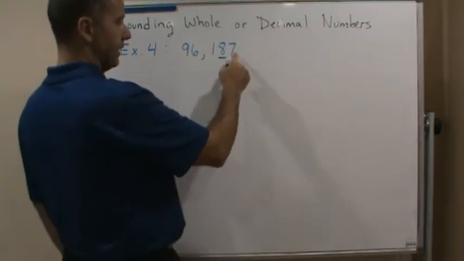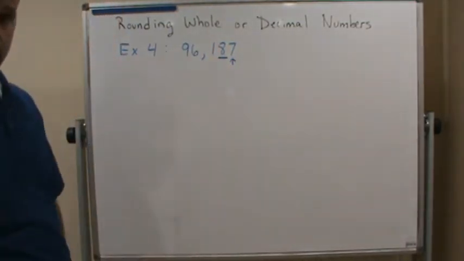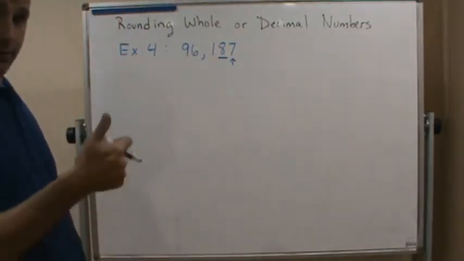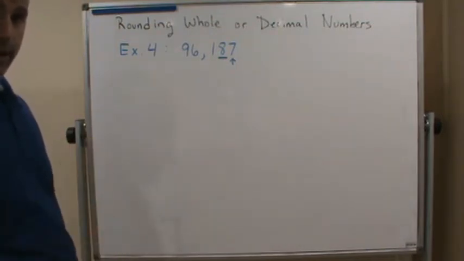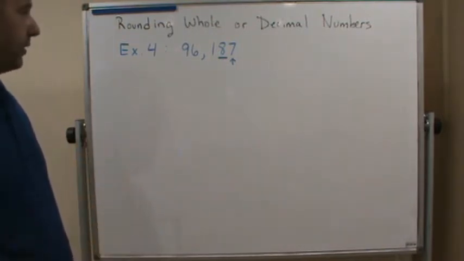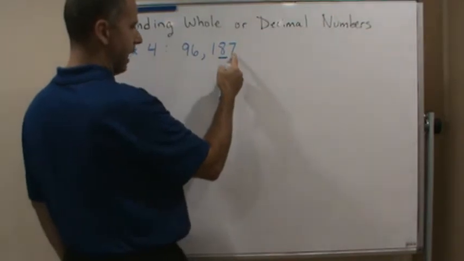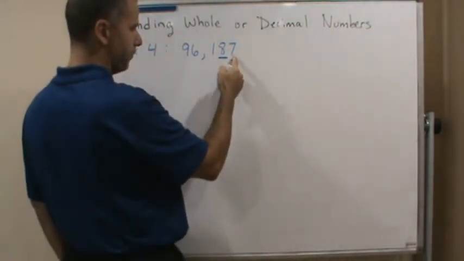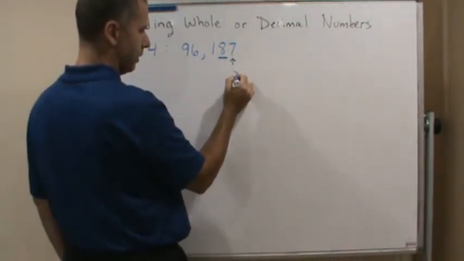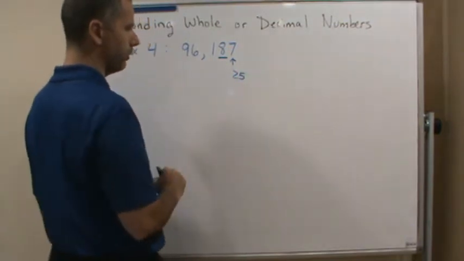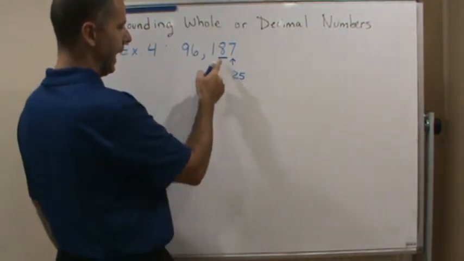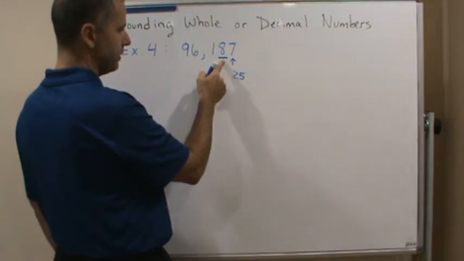So this is in the upper case, case number 2, which means it's 5 or higher: 5, 6, 7, 8, or 9. If this is 5 or higher, which it is, then we're going to add 1 to this digit.